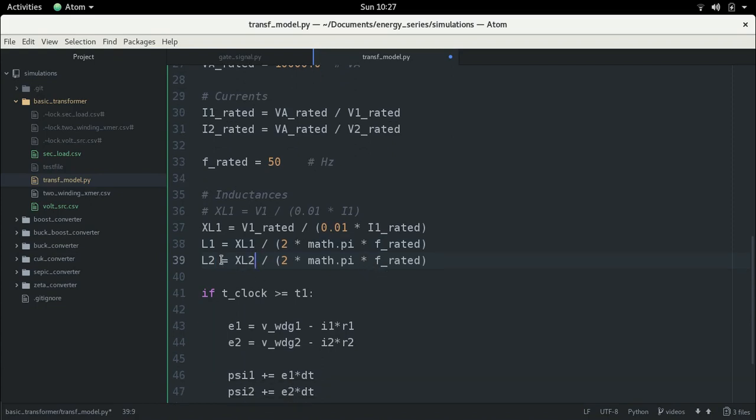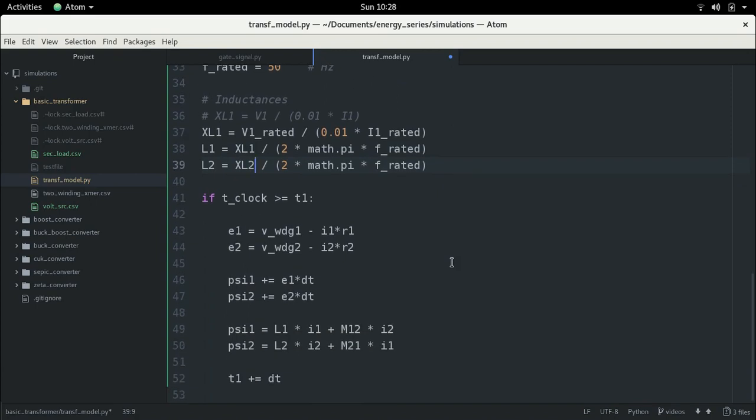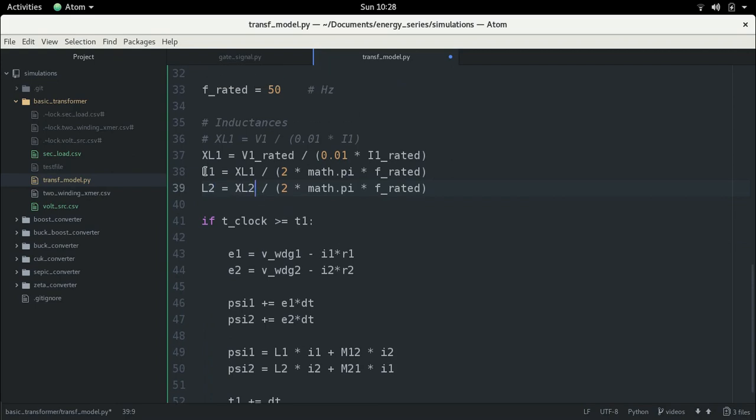Alright, so we now have L1 and L2. Now the question is, what is M12 and M21, right? Now, it's important to know what is the difference between the self-inductance and the mutual inductance. In the case of a transformer winding, the self-inductance will consist of the mutual inductance as well as the leakage inductance.